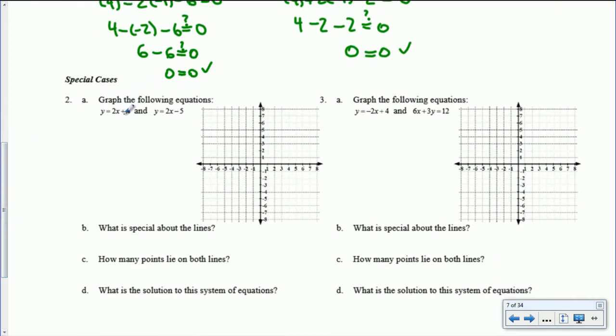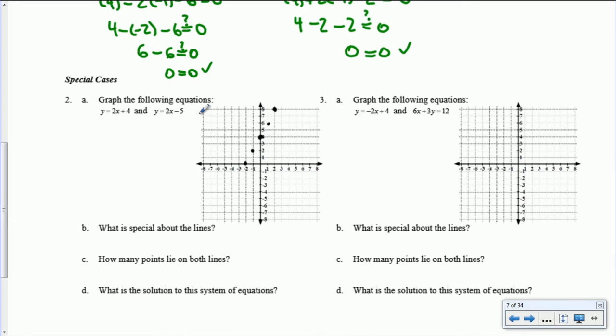Graph the following equations. So 2x plus 4 and 2x minus 5. So plus 4, that's the y-intercept. And the next point, so it's 2 over 1 is the slope, so up 2, right 1, up 2, right 1. I guess we could go down 2, left 1 to get the previous, and down 2, left 1.